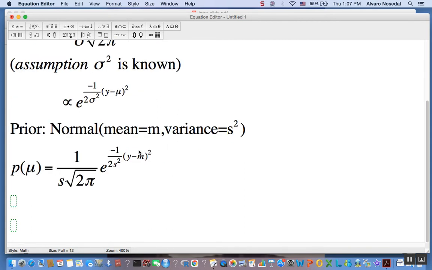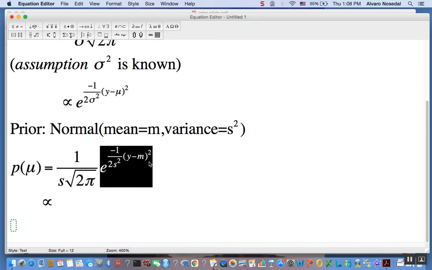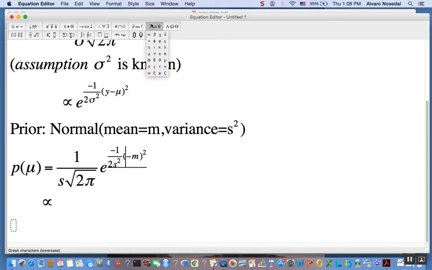Just like before, let's try and re-express this using the proportionality symbol. Since this term here doesn't involve mu, we can ignore it for the analysis. Oh, and we should have a mu here. That's the variable here. Instead of a y, we have a mu.